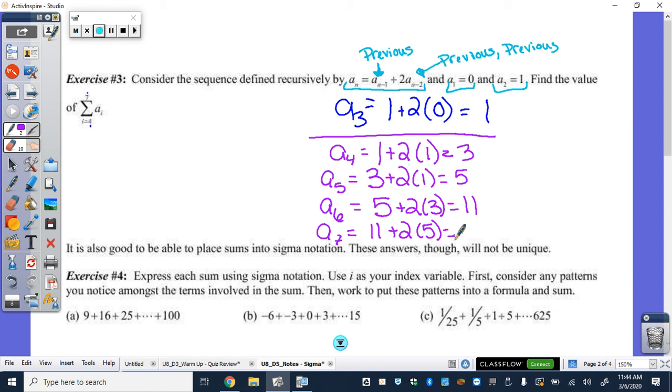So that gives me 21. So we did all our work, figured out what our terms were up to number 7. So again, our summation wants us to add our 4th term up through our 7th term. So 3 plus 5 plus 11 plus 21. So what does that give us? 40.